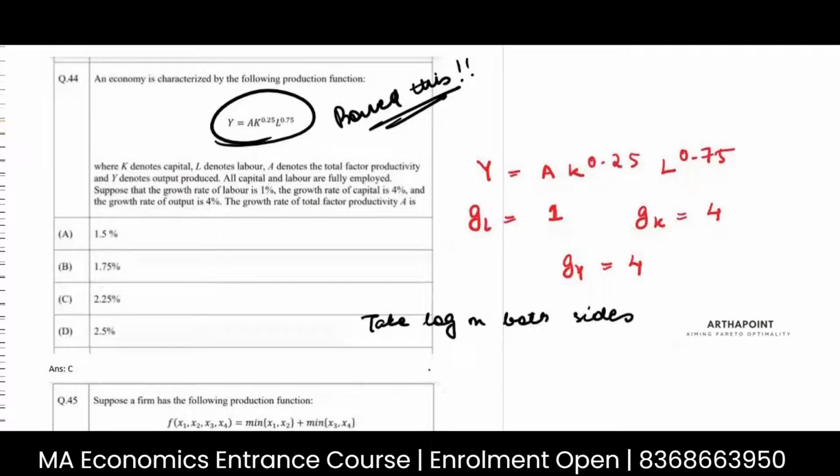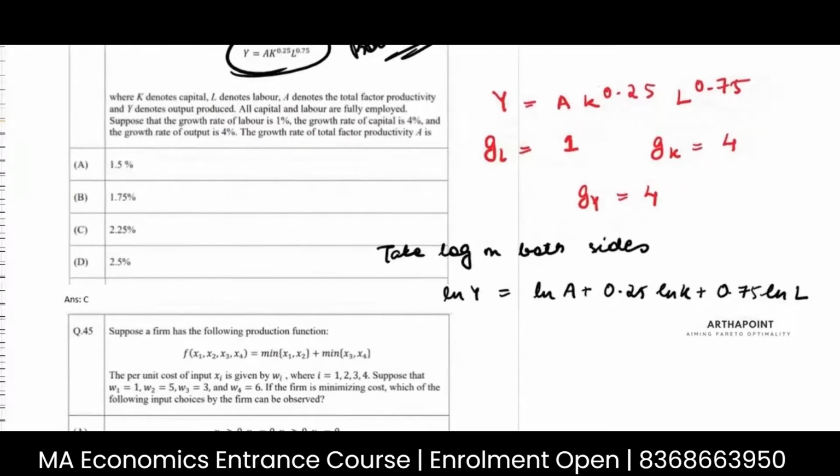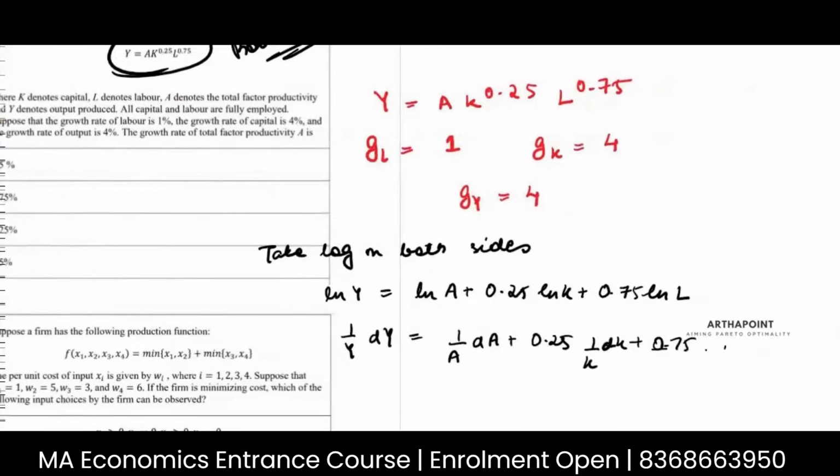So I will get ln Y is equal to ln A plus 0.25 ln K plus 0.75 ln L. And let's do a total differentiation. So I will get 1 by Y dY is equal to 1 by A dA plus 0.25 times 1 by K dK plus 0.75 times 1 by L dL.